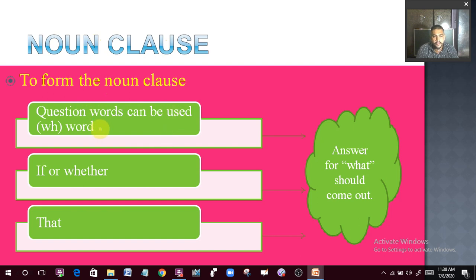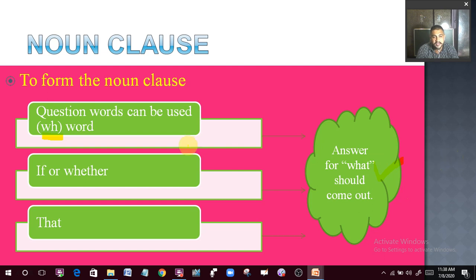Okay, so whenever we make the noun clause, usually this particular clause will have the starting word wh. When the wh word is used to make a statement rather than a question, then it would make a noun clause. In the sentence you'll be getting the answer for what.